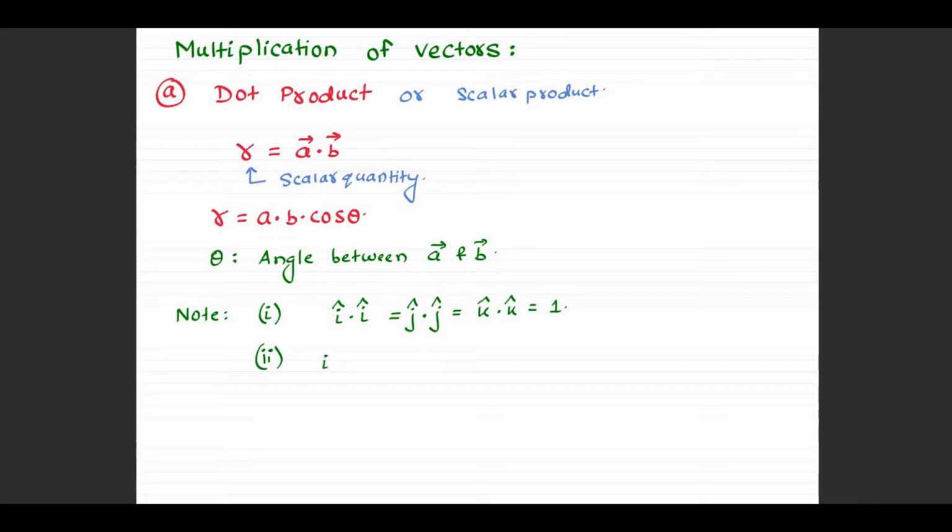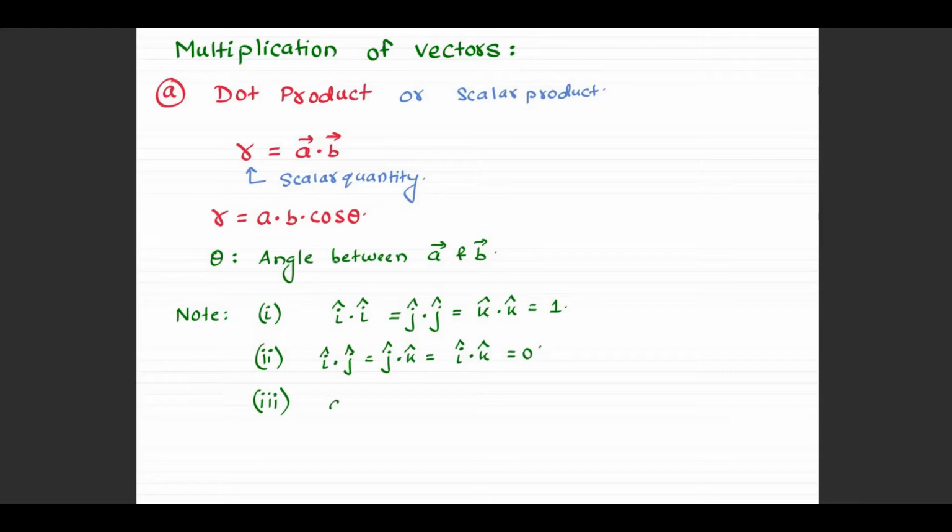Second, i cap dot j cap or j cap dot k cap or i cap dot k cap, they all must be 0 because for all the given pairs, the angle between them is 90 degrees. So cos 90 is 0.